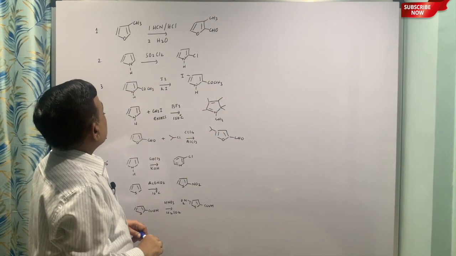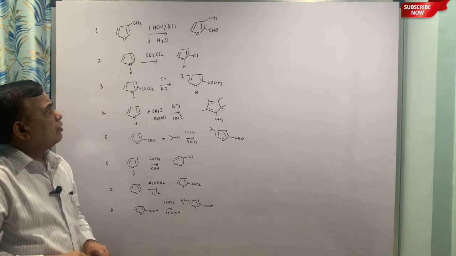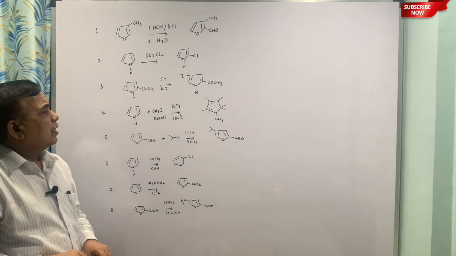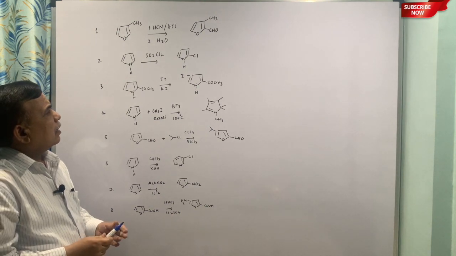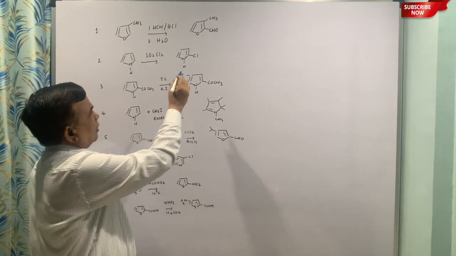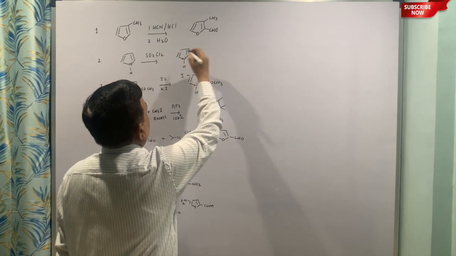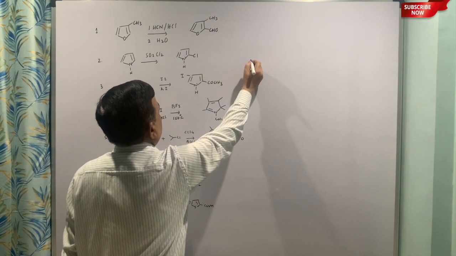The second example is Pyrrole treated with sulfuryl chloride, and you get the chloro compound.